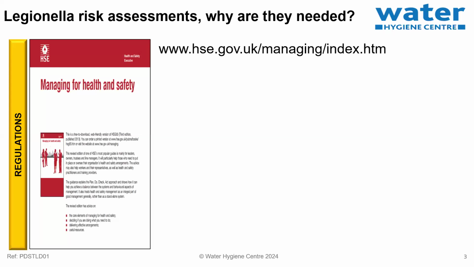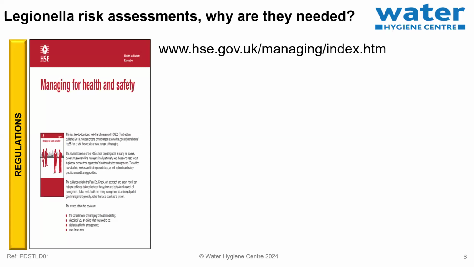We should have access to competent health and safety advice, and that can be people within your own organisation. It could be a trusted advisor, it could be an experienced risk assessor, or it could be a water treatment organisation. We should provide employees with information about the risks in your workplace and how they are protected, and instruction and training for employees in how to deal with the risks.